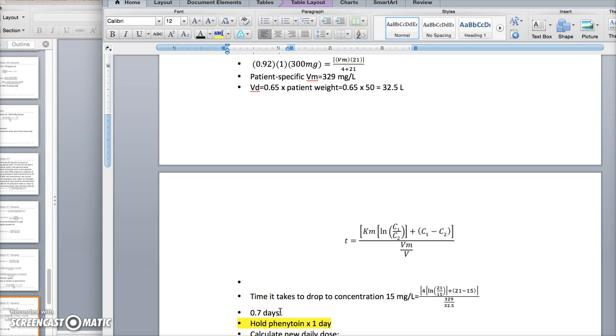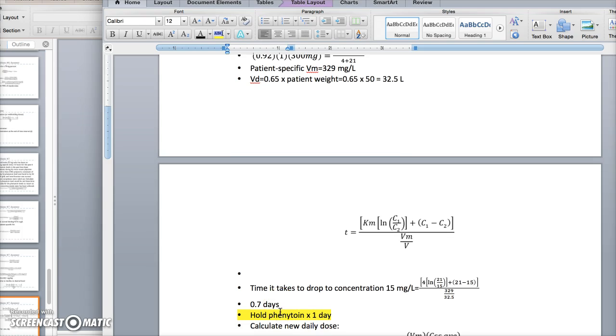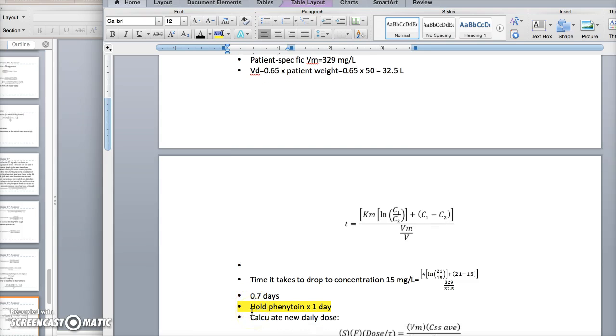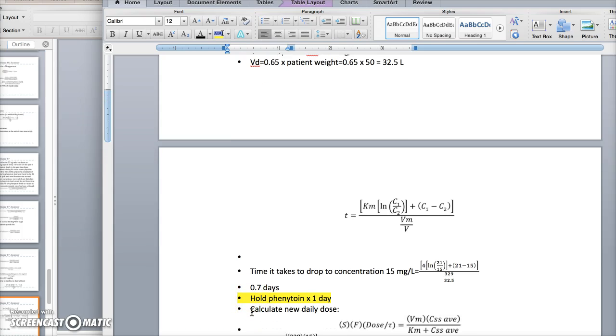Based on that calculation, what I decided to do for this particular case was hold phenytoin for 1 day, since he gets it once a day. Then I calculate the new daily dose using this particular equation.